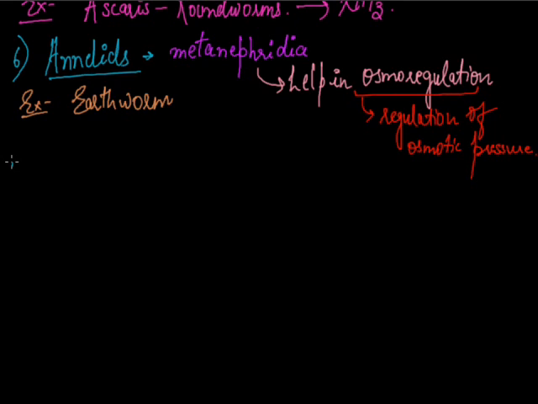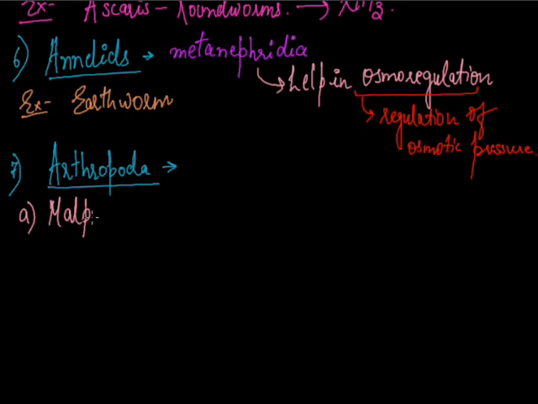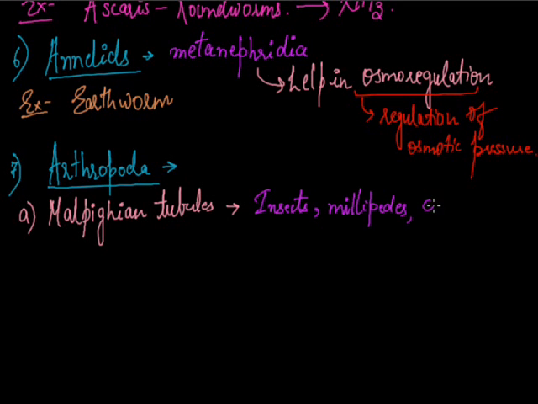Now, with this we come to the seventh class, that is arthropoda. As we all know, arthropoda is the largest phylum. So here we have different types of excretory organs for different organisms. First is Malpighian tubules, which are meant for excretion in insects, millipedes, centipedes, and arachnids.